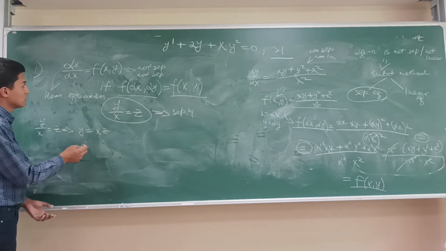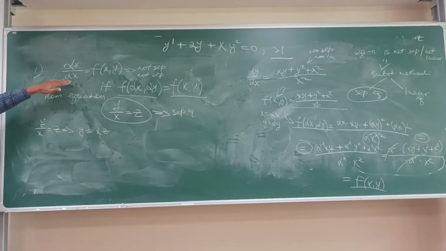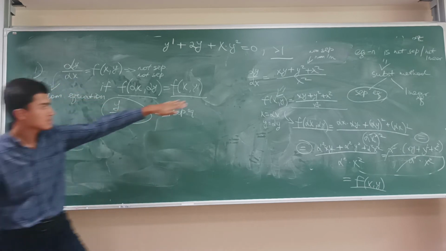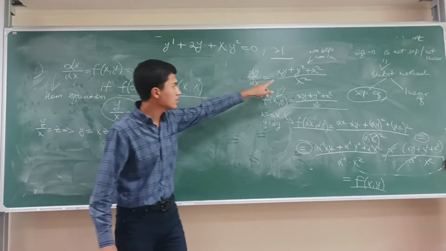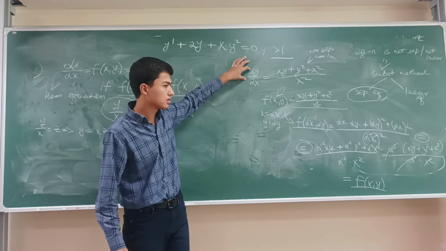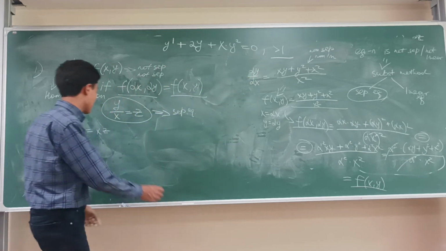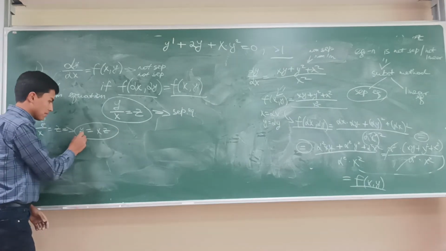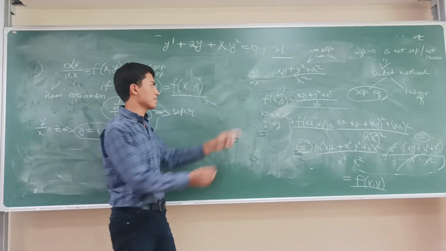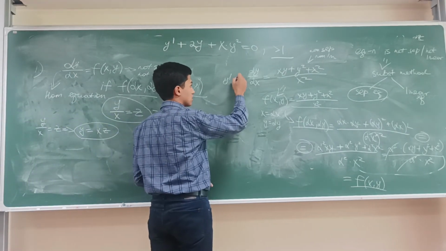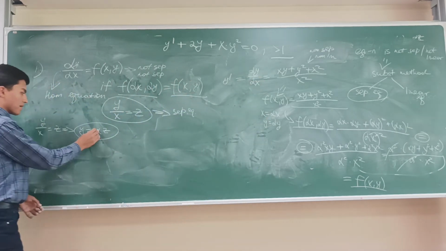For solving this differential equation, we need not only y but also the value of y prime. We have the value of y, but we also need y prime. So let's find y prime.